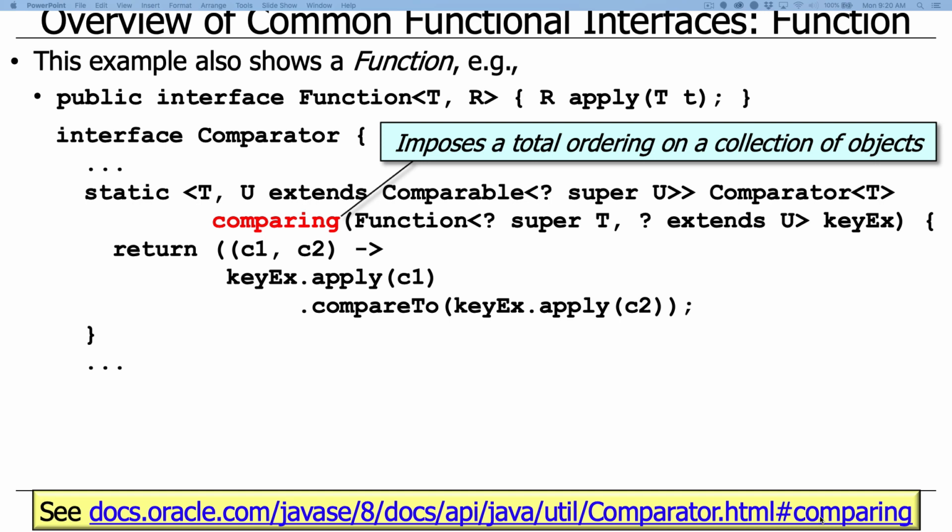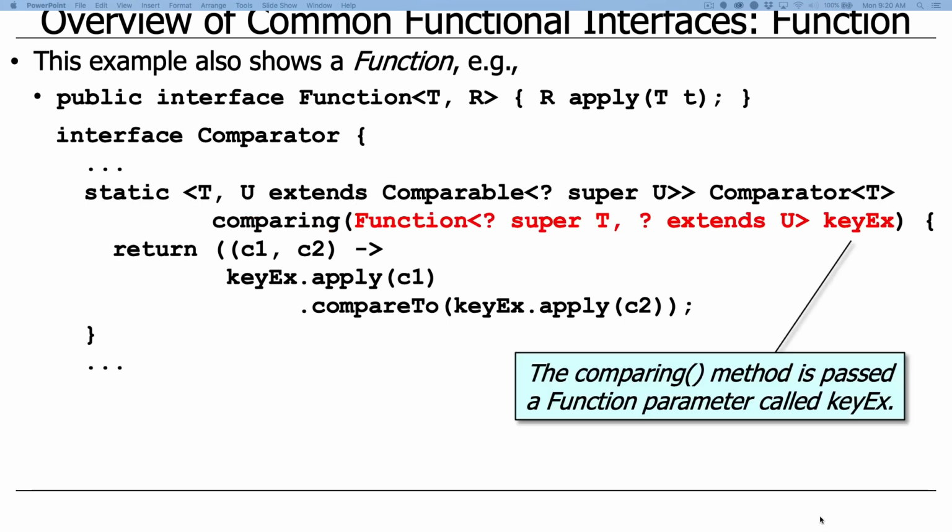So here's what the comparing method looks like. You can see comparing is a method that's defined in the Comparator interface. You can read about it down here in this link. Comparing is used to impose a total ordering on a collection of objects. It takes a functional interface as a parameter, which is given the name keyExtractor.